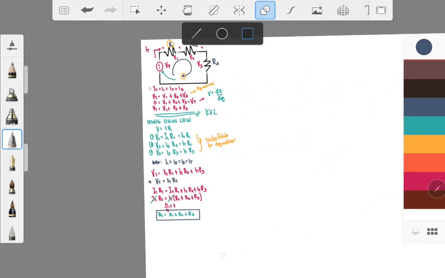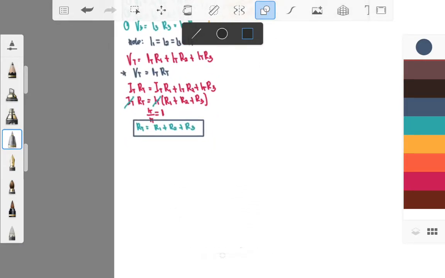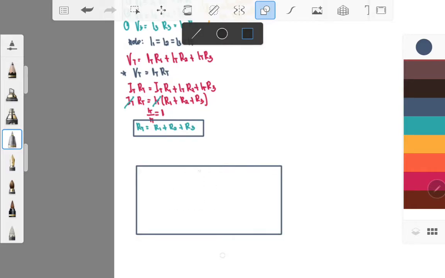Next is the formula for your parallel resistance. So in that parallel resistance, I will just draw parallel resistance.